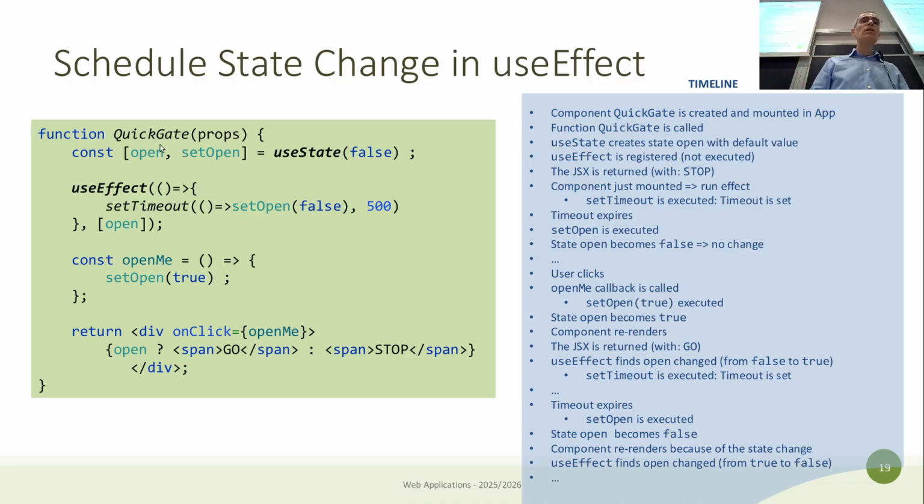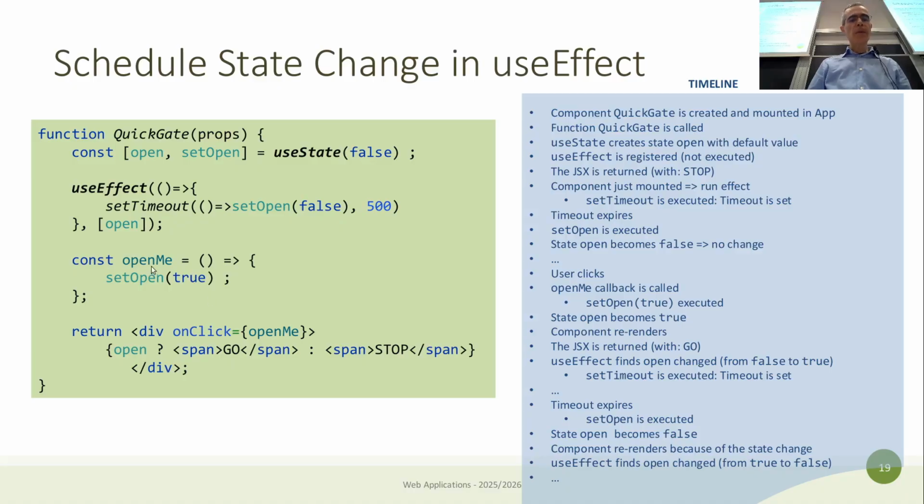So it knows that the state in QuickGate has changed, so it must re-render the QuickGate. So it calls the QuickGate again. It re-renders the QuickGate, so it calls useEffect again, but this setTimeout, setOpen(false), I mean, that's for later again.